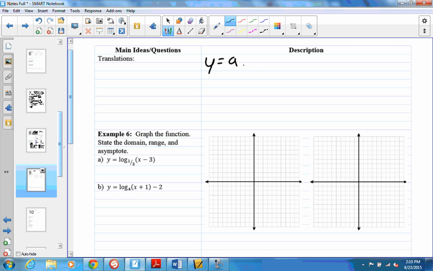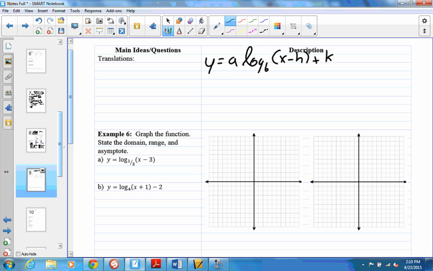And then we just have log base b. All right, and here's where my h is. Notice that it's still minus h, so when I'm going horizontally and moving left and right, I still change the sign. So if I want to move to the left, I want a positive number, and vice versa. Plus k. And so k just still moves me up or down.